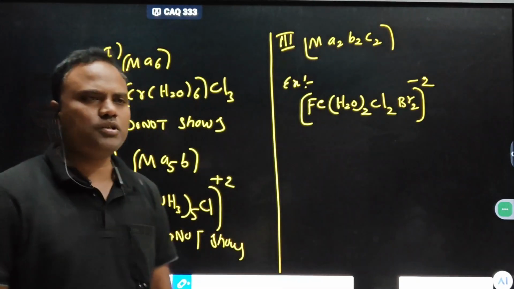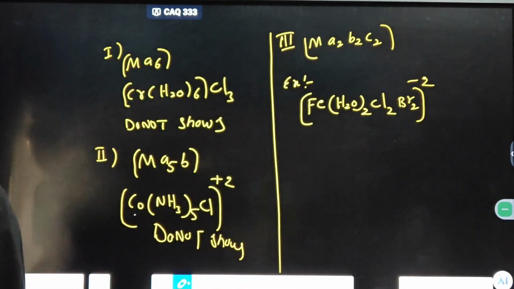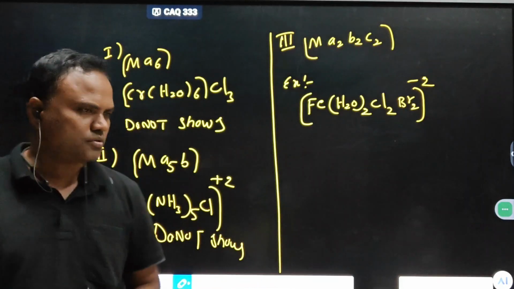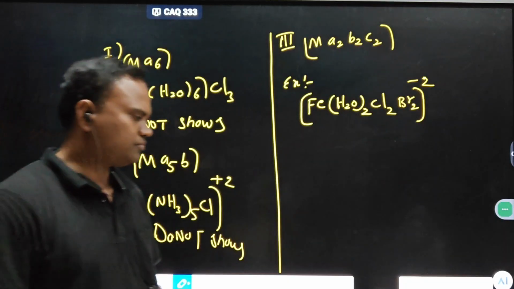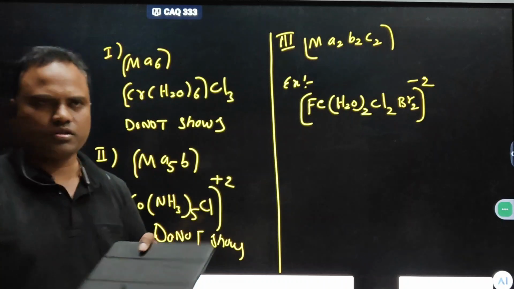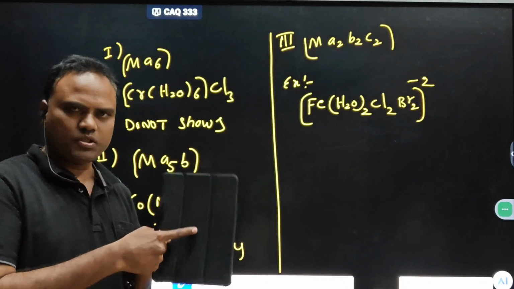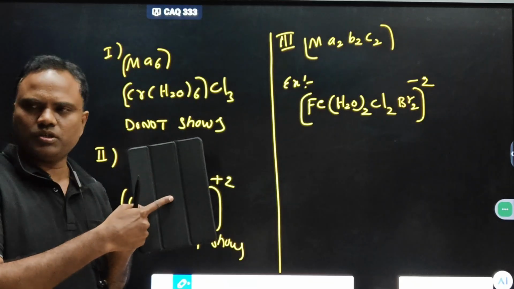What is octahedral geometry? Octahedral structure. In the center, the central metal atom is present. Okay?